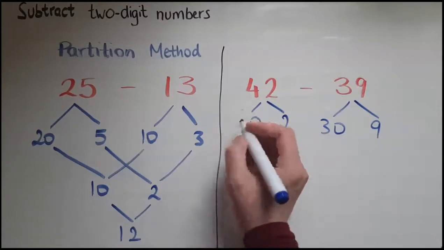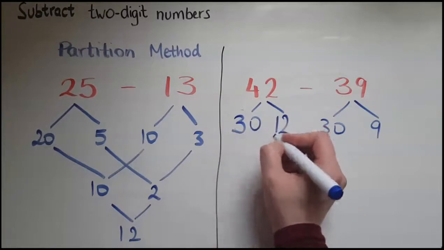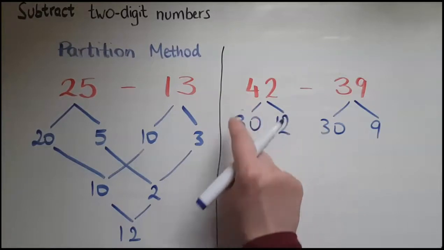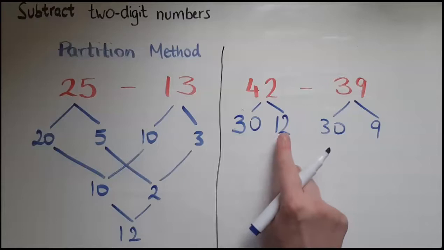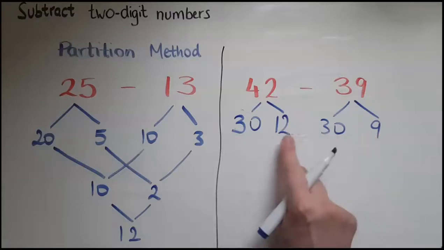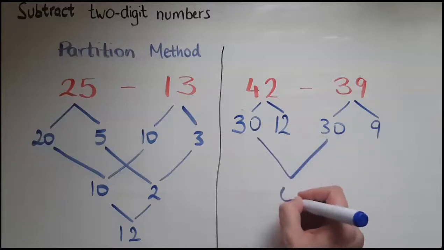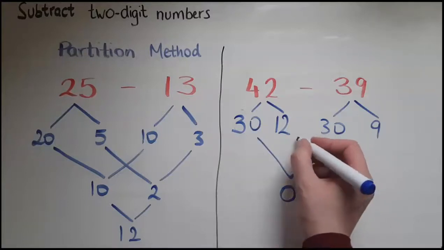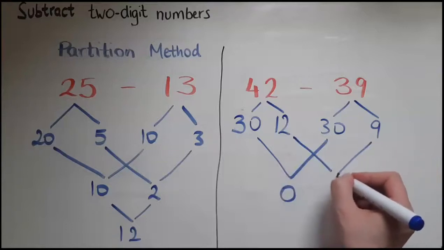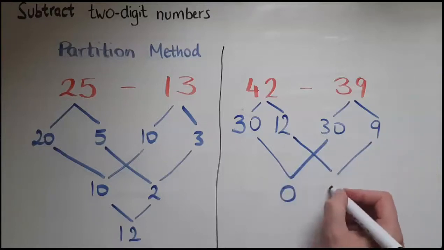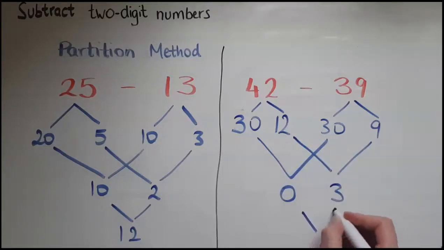So I make this into 30 and 12. It still makes 42. Because then it's going to be easy to take away 9 from the 12. So 30, take away 30, leaves me with 0. 12, take away 9, leaves me with 3. So my answer is 3. So this is how you use the partition method for subtracting numbers.